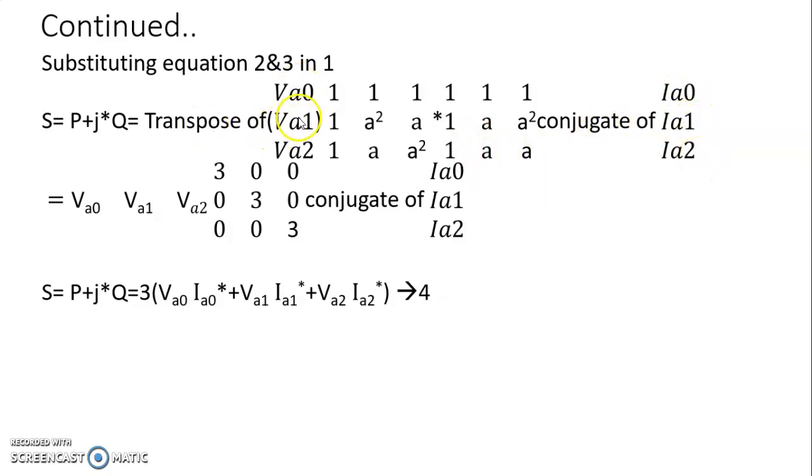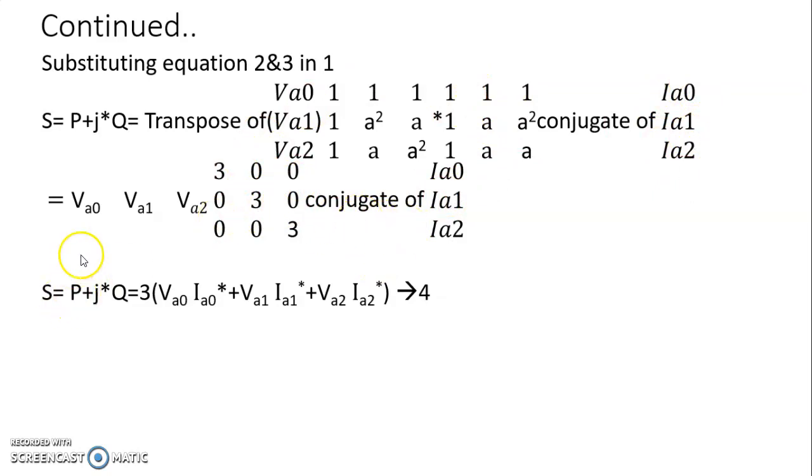The transpose of this column will be maintained as a row. Then if I multiply these two matrices, we will get 3, 0, 0; 0, 3, 0; 0, 0, 3. Multiplying row with column, we get these values. Then the conjugate of IA0, IA1, IA2 I will keep as it is.